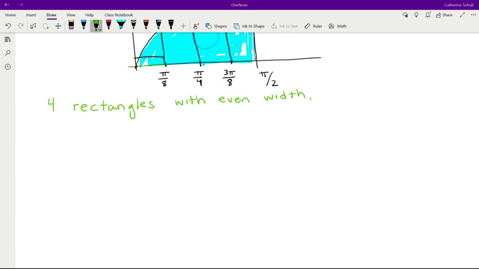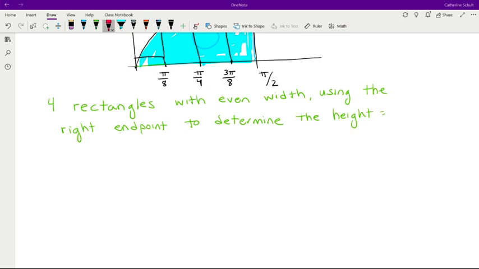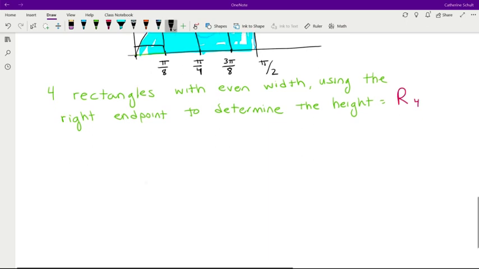And then they'll use the right endpoint for the height to determine the height of each rectangle. That notation we use, we're going to use R for right, sub 4 for 4 rectangles, okay?